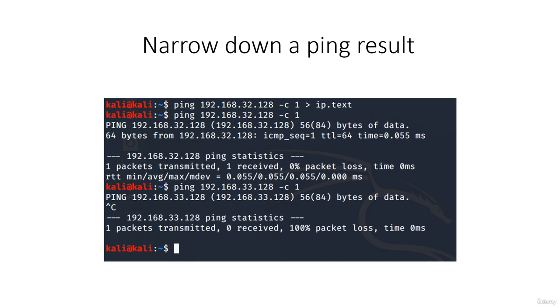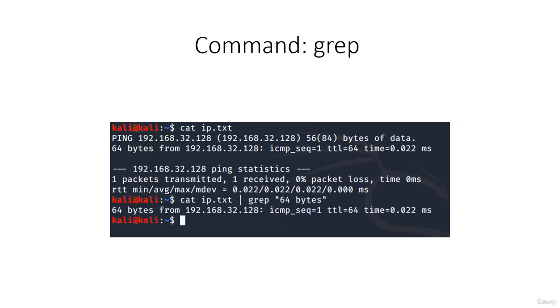When we get a response back, it will show 64 bytes from the valid IP address, and vice versa. Later, if we are doing a sweep of the network, we will be able to narrow down the result. So then we are going to narrow down specifically on 64 bytes.